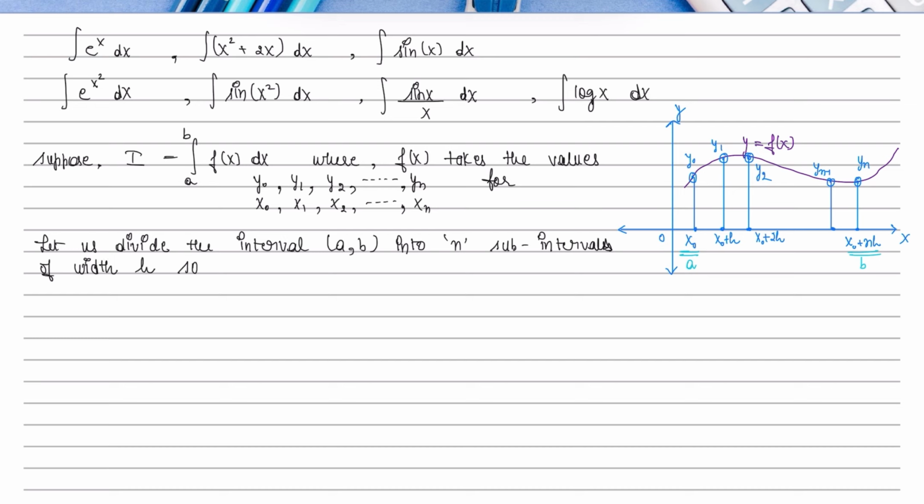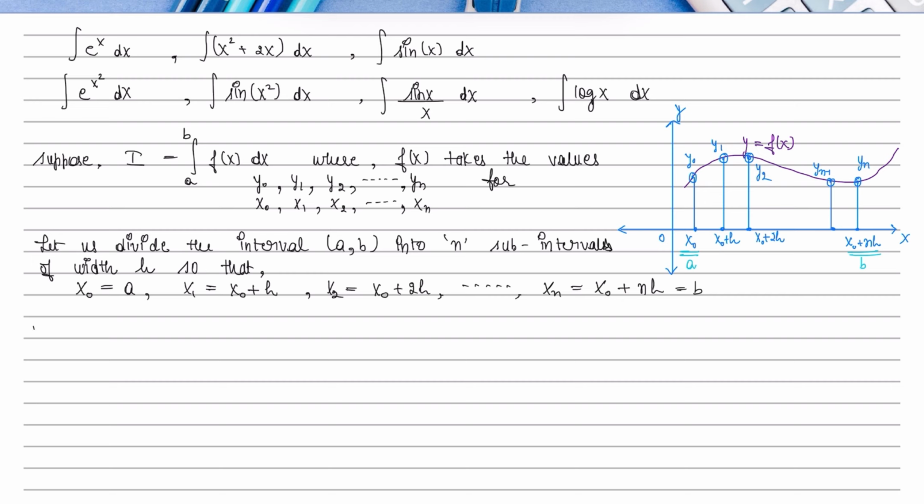so that x naught is equals to a, x1 is equals to x0 plus h, x2 is equals to x0 plus 2 times h, and so on to xn is equals to x0 plus n times h, which is equals to b.